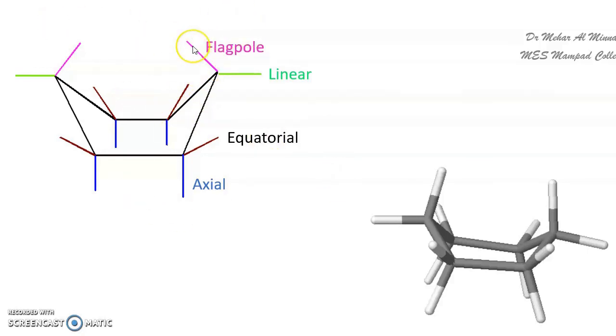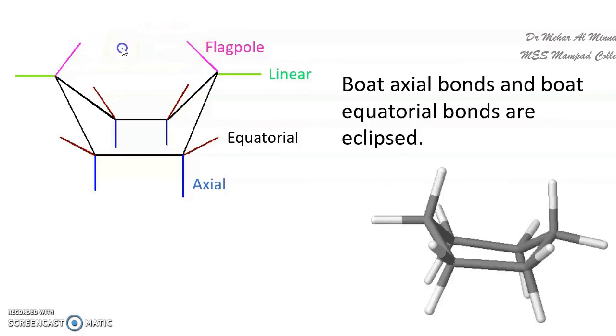Now the distance between the two flagpole CH hydrogens is 183 picometer. This distance is less than twice the van der Waals radius of hydrogen. The van der Waals radius of hydrogen is 120 picometer.